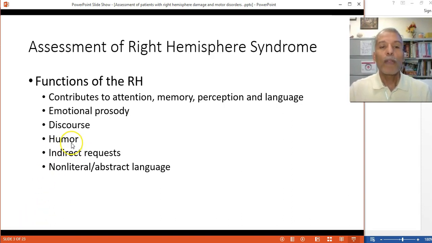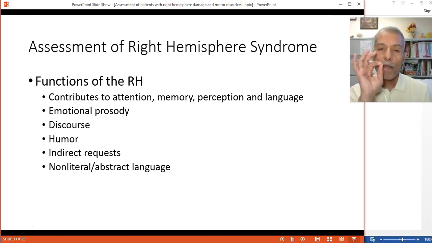Humor, the ability to evaluate and produce humor, and the ability to comprehend humor. And again, that is right hemisphere function because humor depends on abstract language. You say something and then you just build and build, and you come to one piece at the end and you just pop and say it, and then you get your effect.